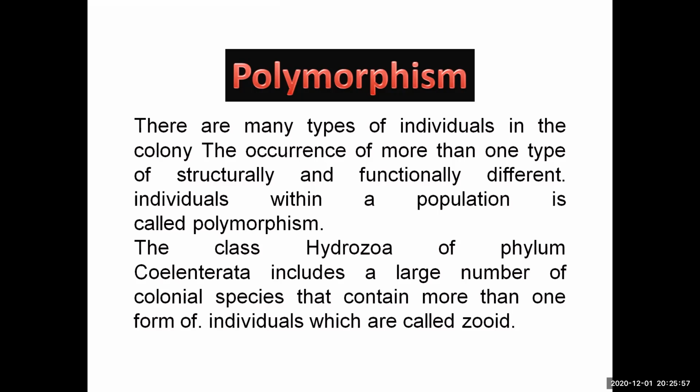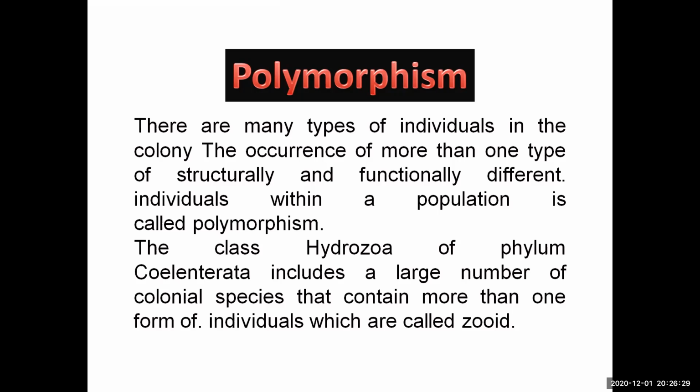The class Hydrozoa includes examples like Obelia. The class Hydrozoa of phylum Coelenterata includes a large number of colonial species that contain more than one form of individuals, which are called zooids. We will see examples like Physalia. Physalia is a single colony and it has many different types of individuals in the same colony.